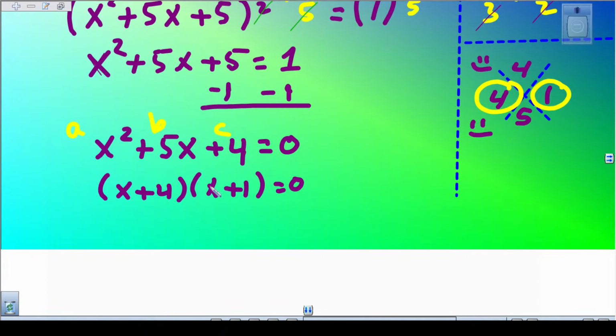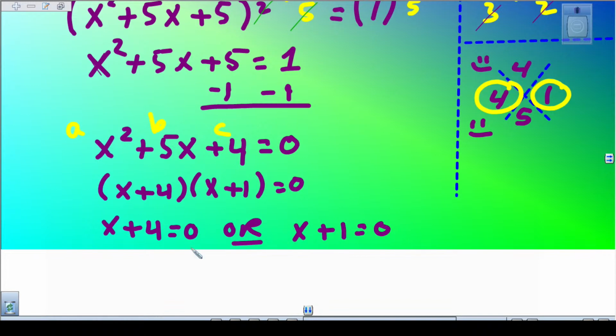Again, we're invoking the zero product property, which states either of these parentheses would equal 0. So I'm going to say x plus 4 equals 0, or the other option here is x plus 1 equals 0. Well, you just subtract and solve this simple linear equation. It's going to give you negative 4. That's one option. And x equals negative 1 is another option.